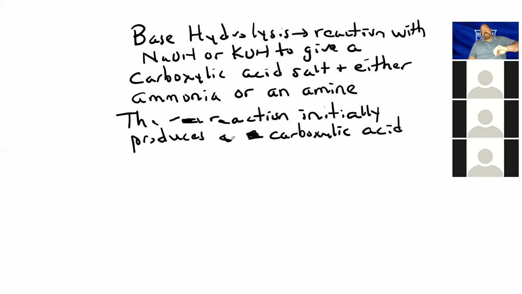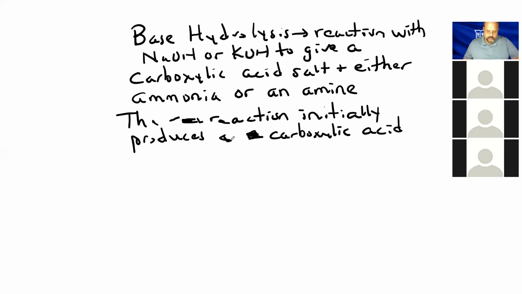In ester-base hydrolysis, first off, what's the acidic part of a carboxylic acid? It's the hydrogen of the carboxyl group. That's the part that's going to be lost under basic conditions. We saw for ester-base hydrolysis that hydrogen was picked up by the alcohol oxygen. In these reactions, essentially that hydrogen is going to be picked up by the nitrogen of the amide.